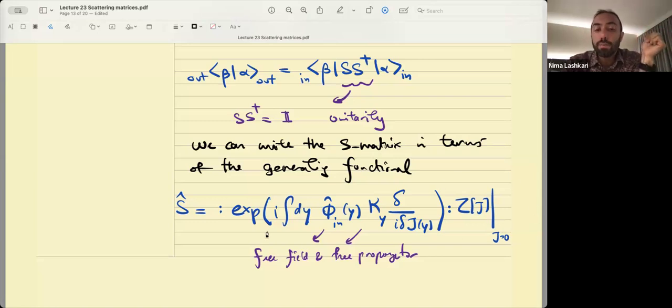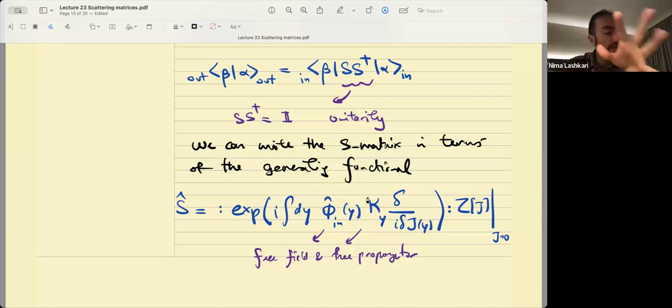The idea is the following: apply this crazy differential operator. What is it? It's an exponential. There's time ordering here, you have to be careful. Sorry, this is a normal order. It's an exponential of i integral d^4y of φ in, these are the in fields, where the free field satisfies the free Klein-Gordon equation.